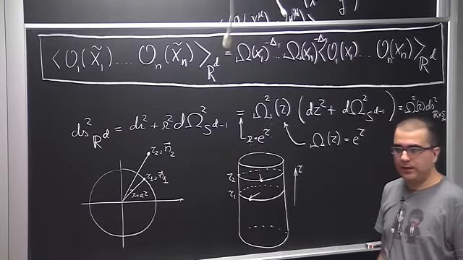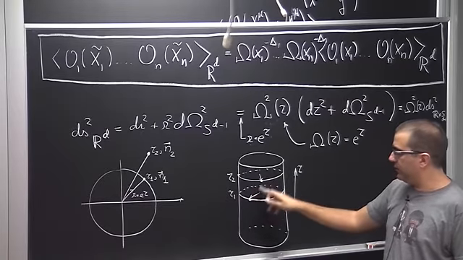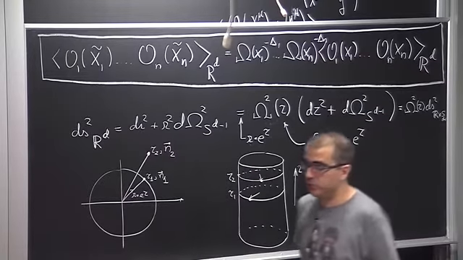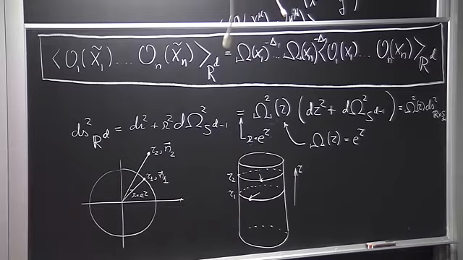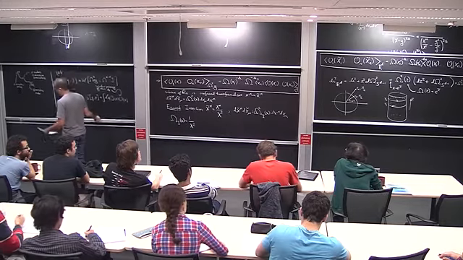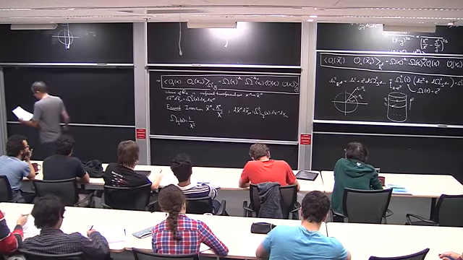And now let's compute the correlation function of these 2 points on the cylinder using what we know here. So what do we know?